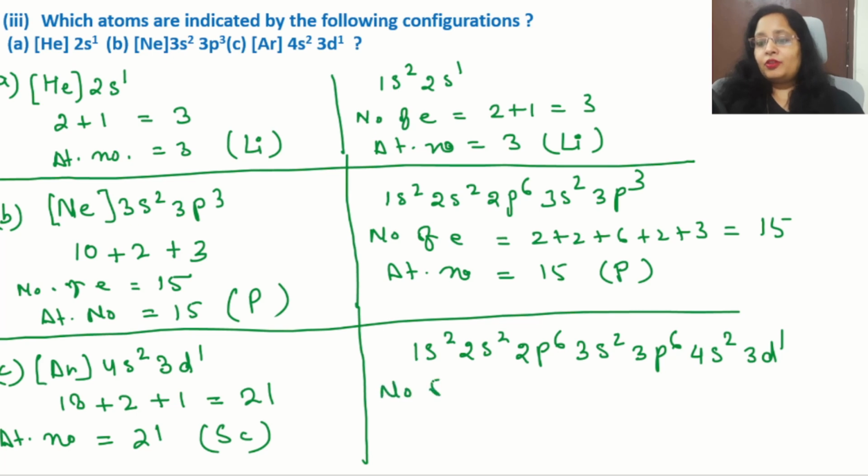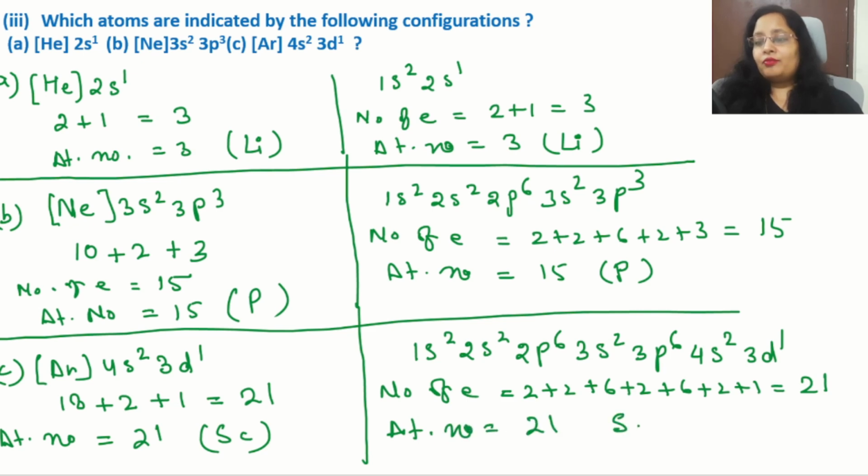So number of electrons should be 2 plus 2 plus 6 plus 2 plus 6 plus 2 plus 1. So it should be total 10, 10, 20, 21. Same thing. So the atomic number is 21, and 21 stands for scandium in the periodic table.